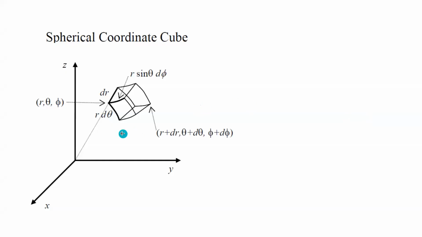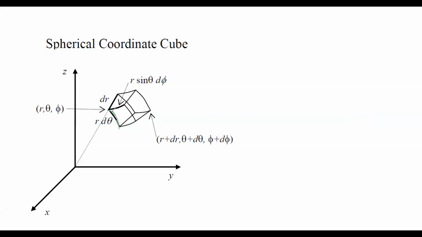So this is the cube that we can form once we move a small distance along each of the coordinate axes of the spherical coordinate system, right? So if we start from this location, we can go a small r d theta distance along the theta direction, right?